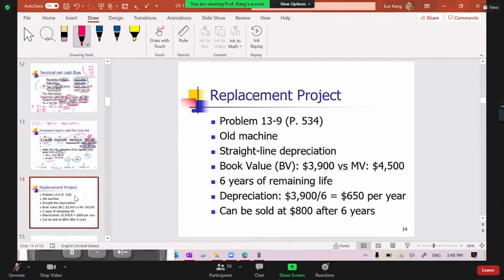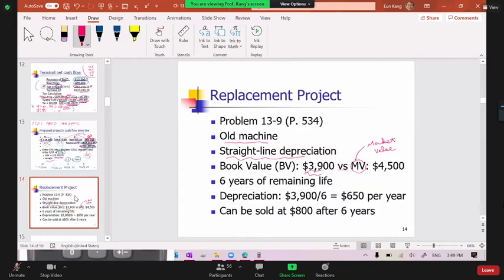So the old machine is depreciated using straight line depreciation, and book value is 3,900. The NV is market value, sale price. Okay, this is market value. Market value or sale price, 4,500, and 6 years of remaining life. And this is what I'm saying.